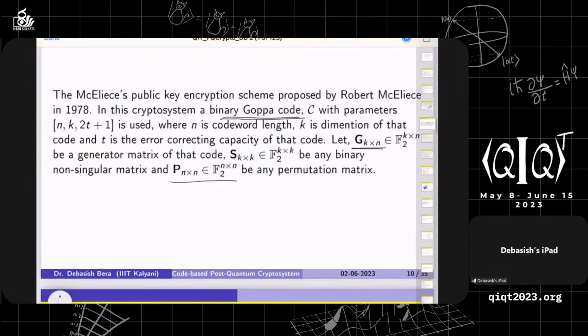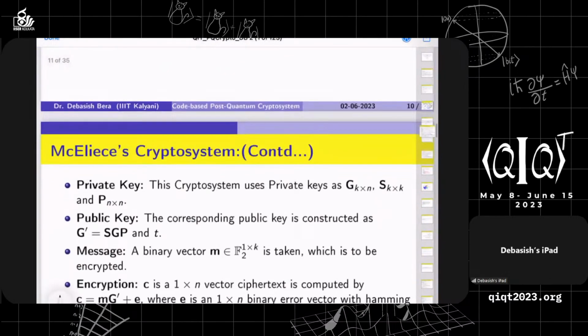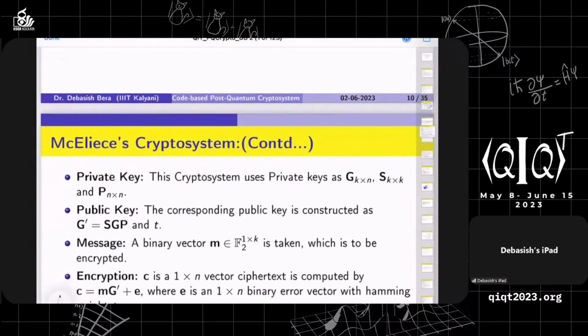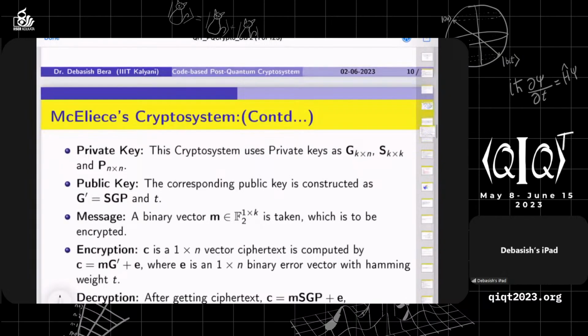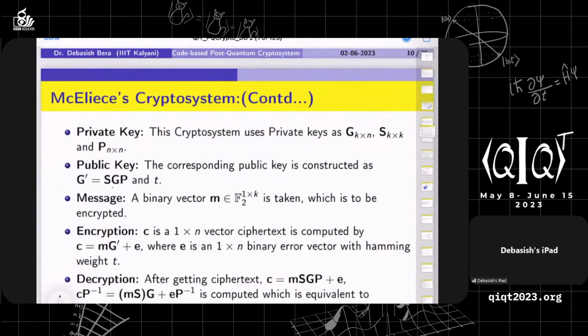So what he is doing here, as we explained with the private key and public key idea, is that the crypto system is used this way. G is the actual generator matrix of the code. Now this G is multiplied by S in the front and P at the end. S and P are other random matrices, and their sizes are really large, in the thousands or tens of thousands.